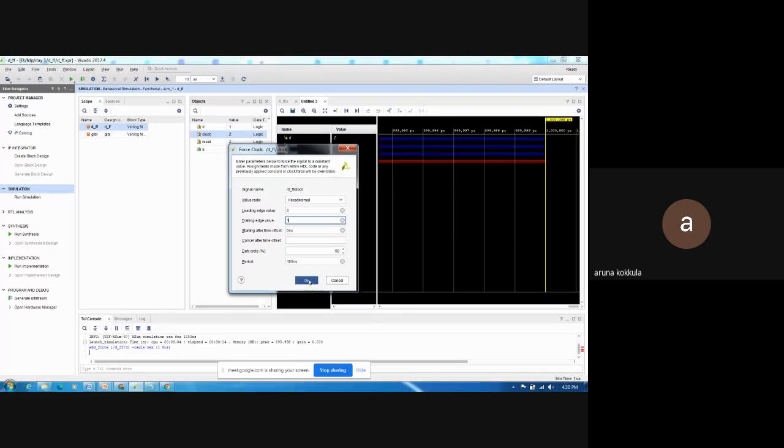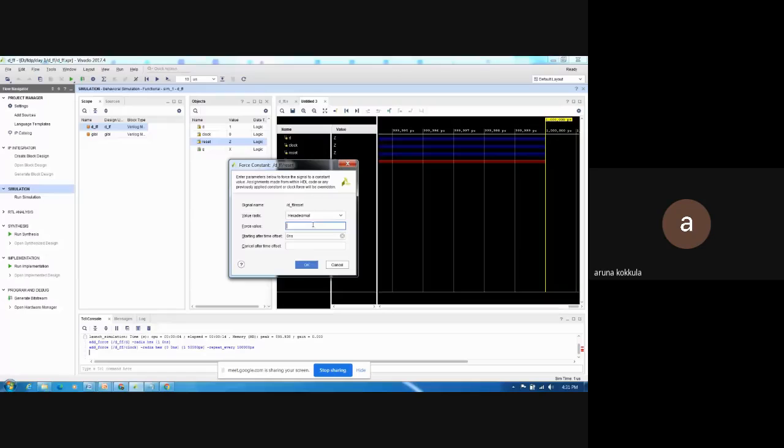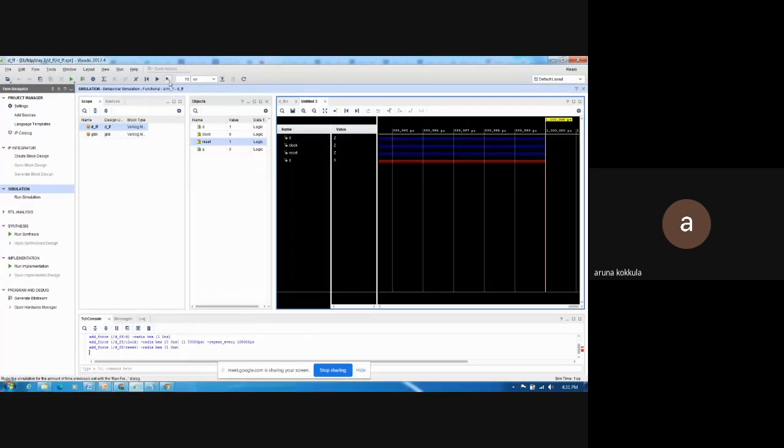Remaining all I'm keeping the same. Reset value, I will provide first value as 1. If reset is 1, according to our code, Q will be equal to 0.